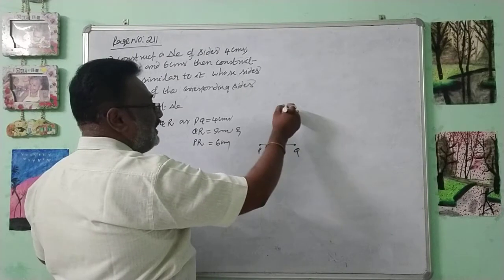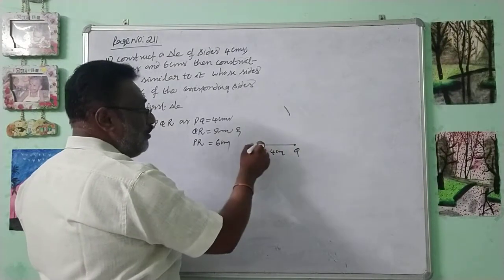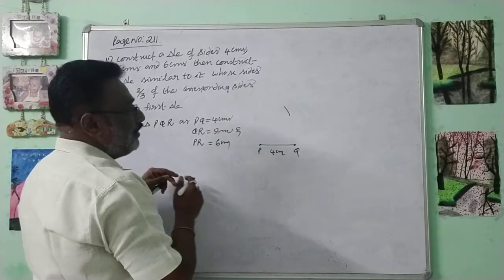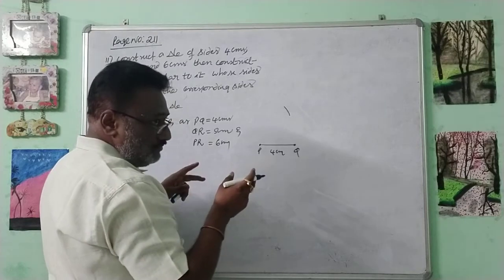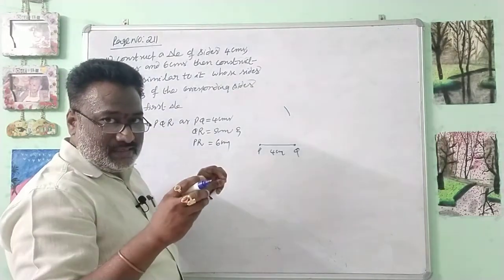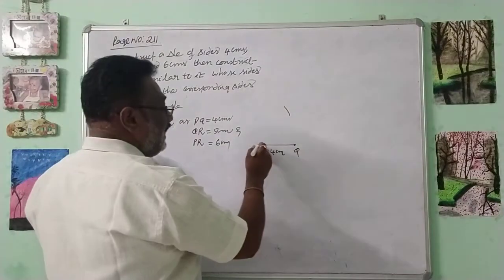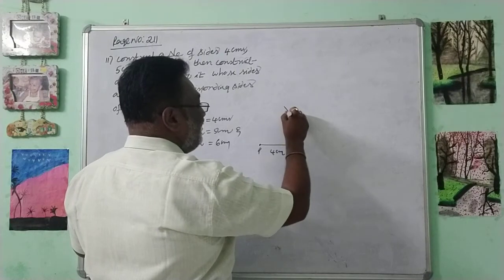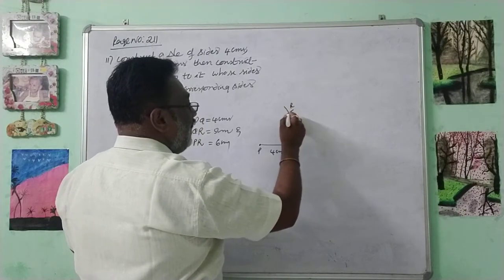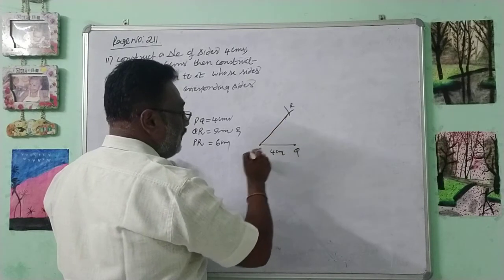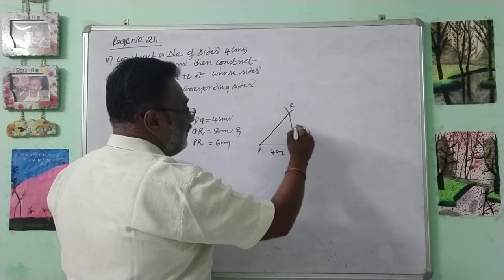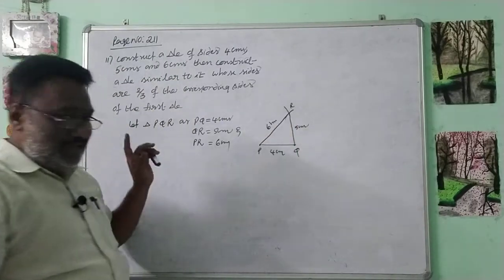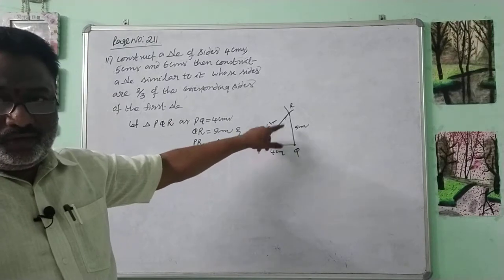On this arc, to identify exactly where R is located, one more measurement you have been given in the problem, that is PR. What is the measurement of PR? 6 centimeters. By taking 6 centimeters of radius with the help of a compass, taking P as center, you need to draw one more arc. Where these two arcs meet each other, that point you can take as R, and you need to join R to P and R to Q. These measurements also you can mention here, 5 centimeters and 6 centimeters. This is the given triangle, like that we need to take.